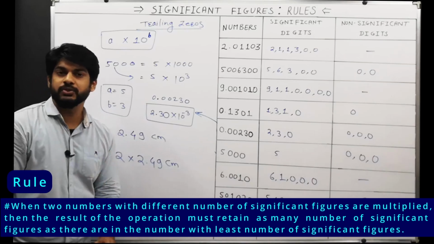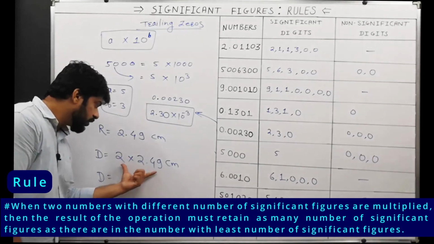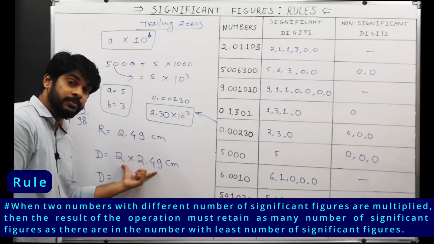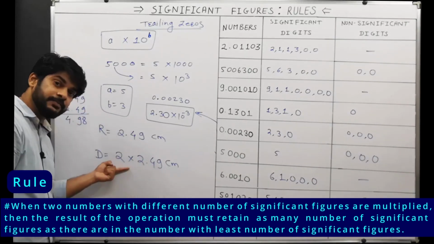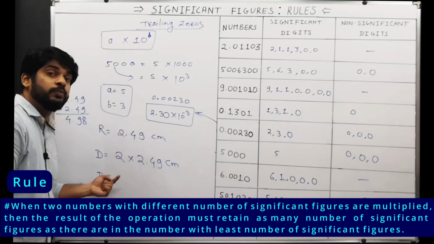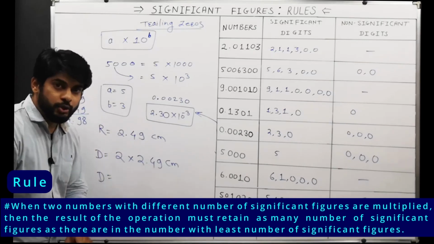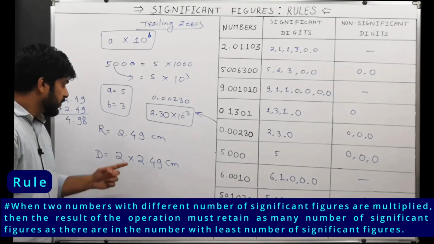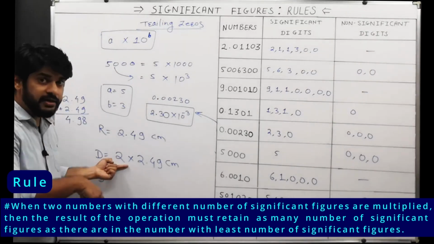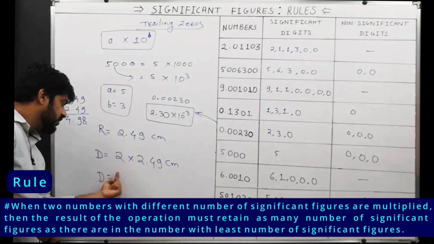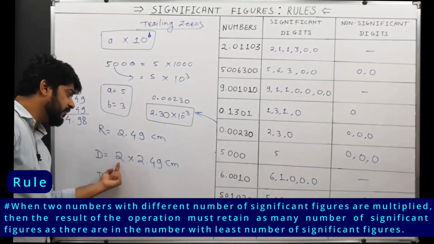What is the rule? When you multiply two numbers with different number of significant figures, then the result of the operation should retain as many number of significant figures as there are in a number with least number of significant figures.